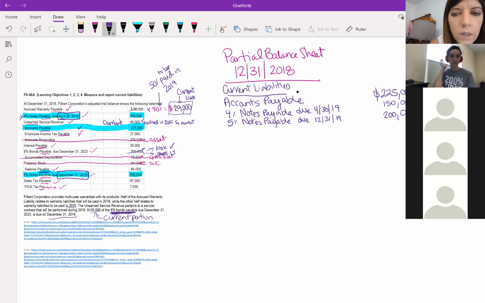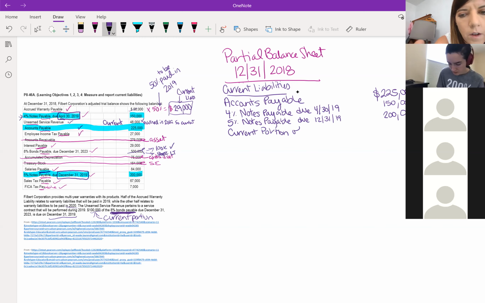After this one, the wording isn't exactly given to you. So it's related to the bonds payable. So you're going to write current portion of long-term bonds payable.